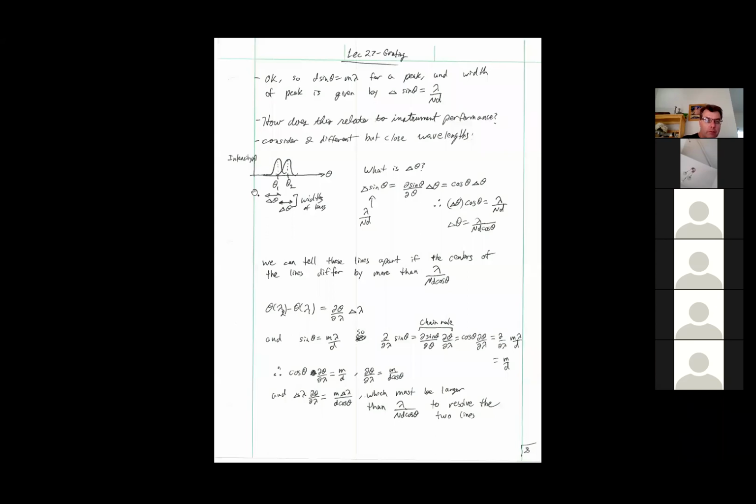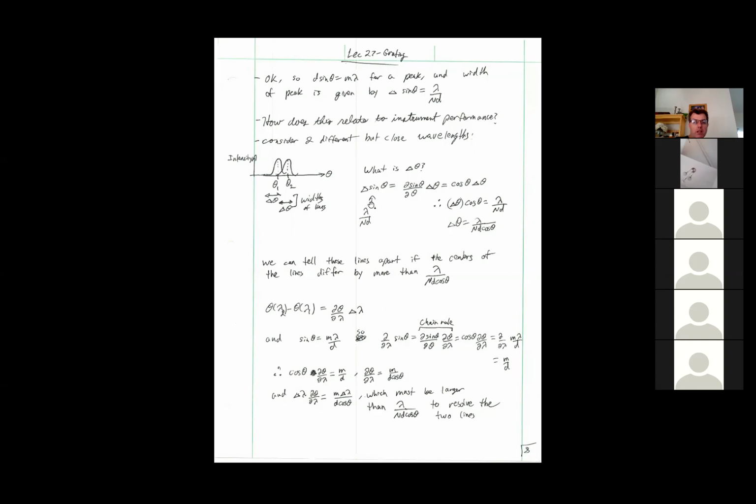All right, anyway, delta sine theta is lambda over nd. Now, we've got two wavelengths that are different but close. And I already showed you earlier in Mathematica that trying to tell apart two wavelengths that are close but still different could be hard depending on the width of the peak. The width of the peak, the width of the line, people refer to these things interchangeably, had better be smaller than the spacing between the peaks.